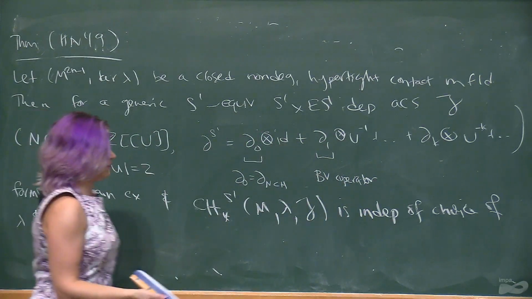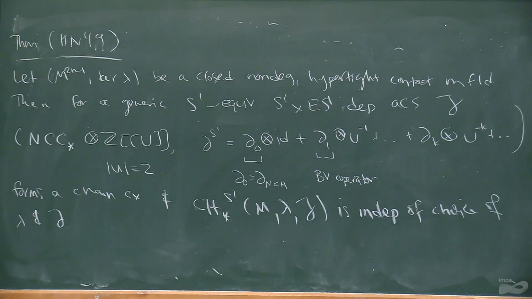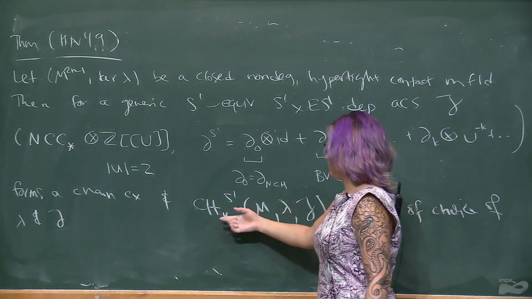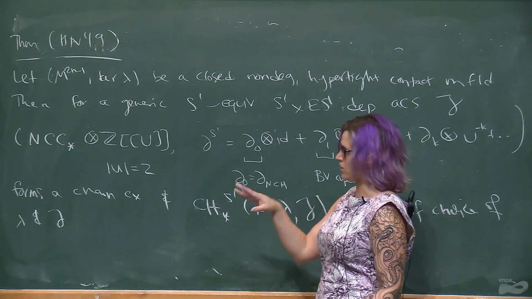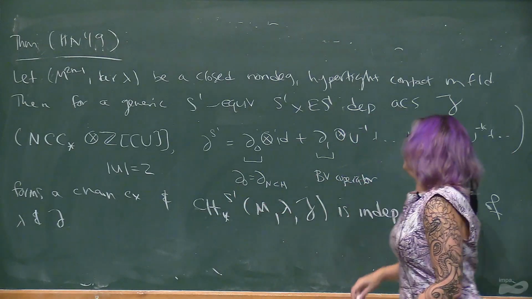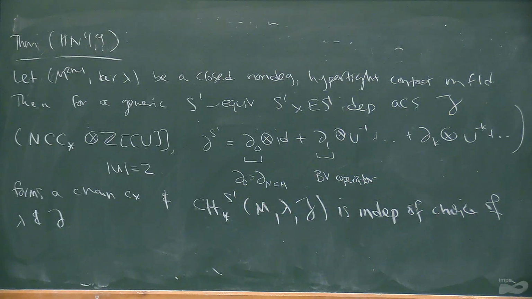So then what happens is that in dimension 3, you have just enough regularity to use a time-independent almost complex structure. And when you do that, you can do a little spectral sequence trick to relate the S1 equivariant contact homology to the Eliashberg-Givental-Hofer theory.